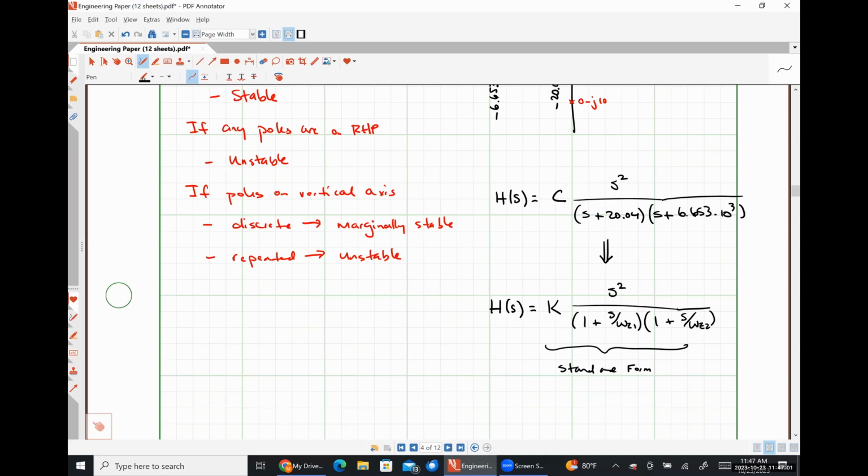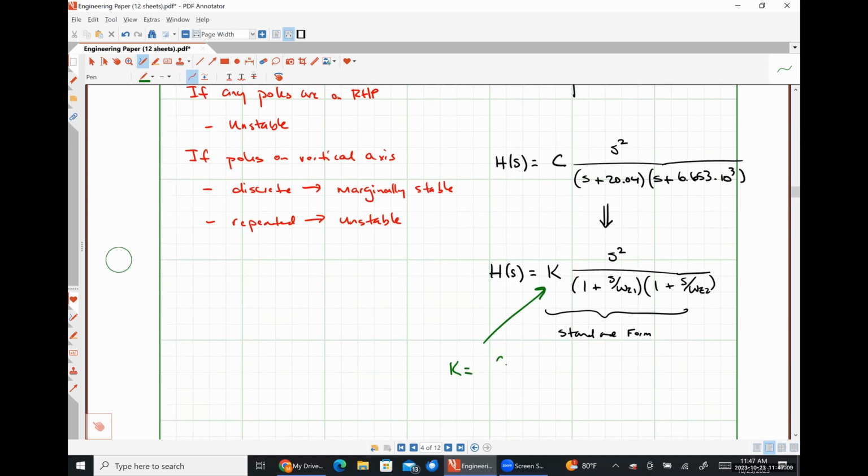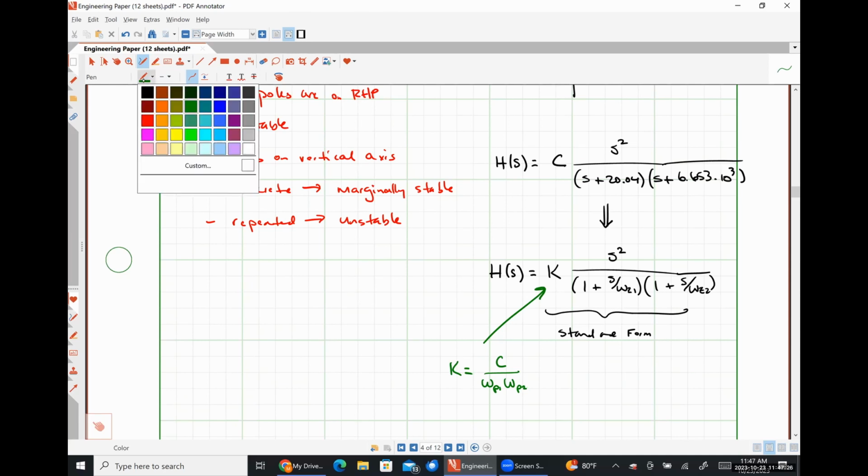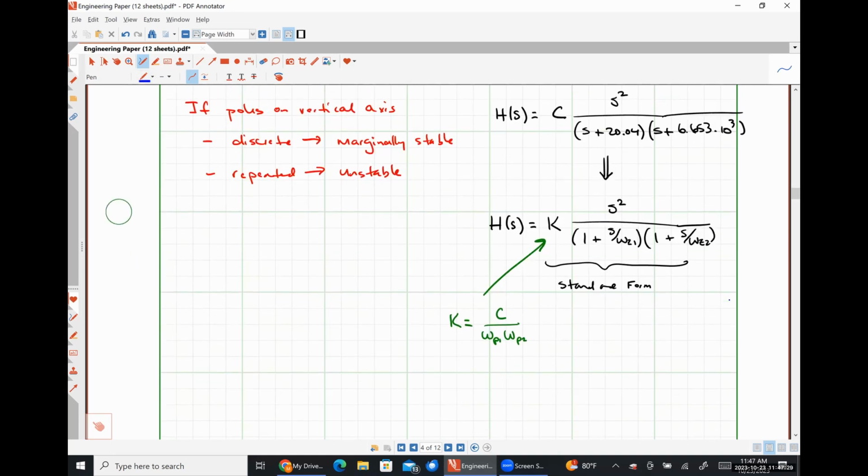So this K is literally just C divided by omega P1 times omega P2. Just to be clear here, let me do this in this blue form. Because our zeros are at 0, this makes this a little bit awkward.